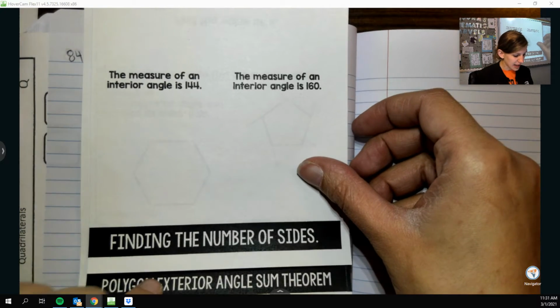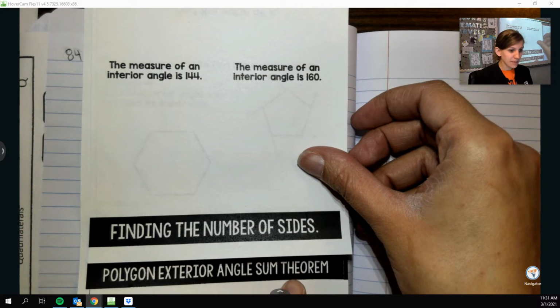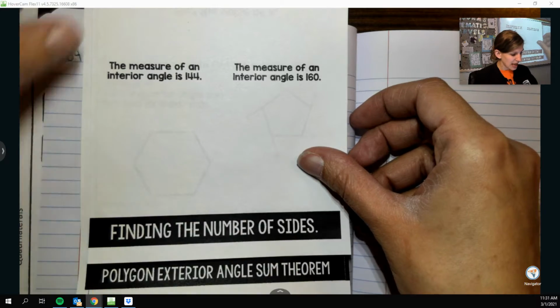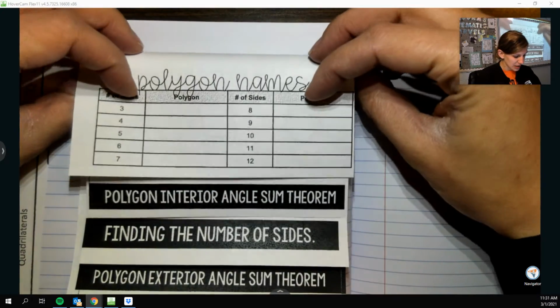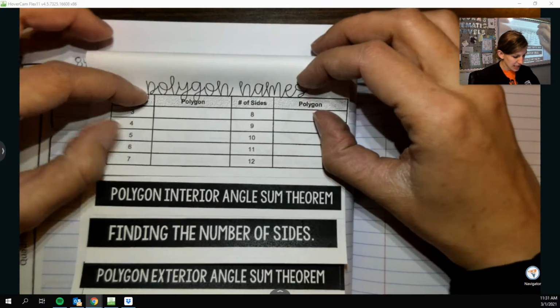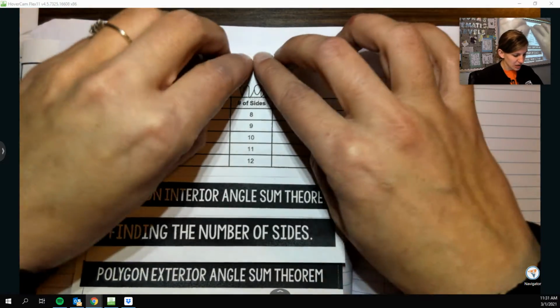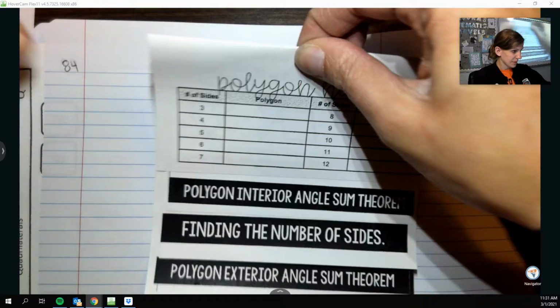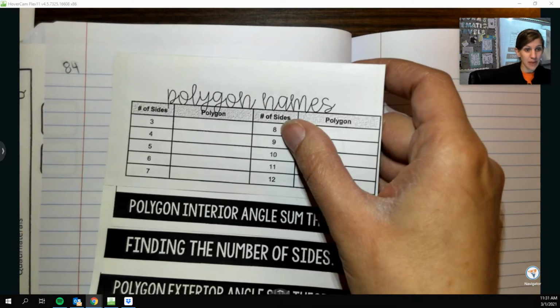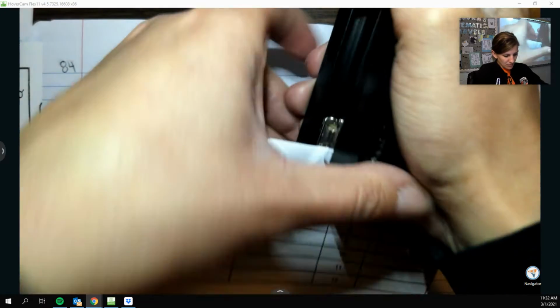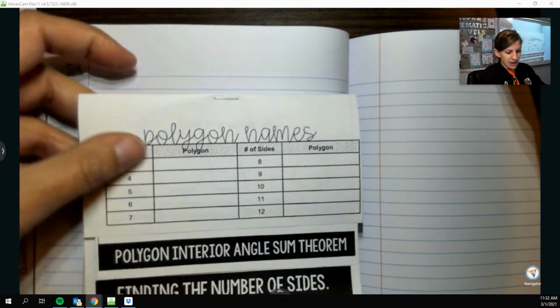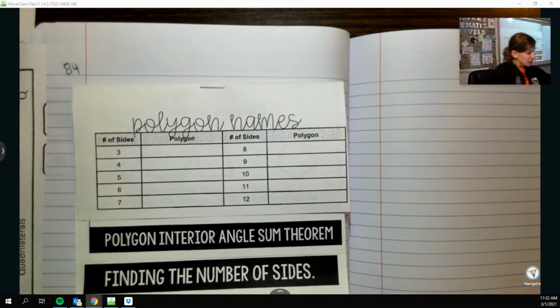Okay, so we're looking at polygon exterior angle sum theorem at the bottom, finding the number of sides. And then if you fold right above these words here, you should then see that table and polygon interior show up. I'm sorry that is a little bit of a mess. I'm just trying to save the trees a little bit. You're going to want to give that one a staple, and I'm going to put that one on page 84.